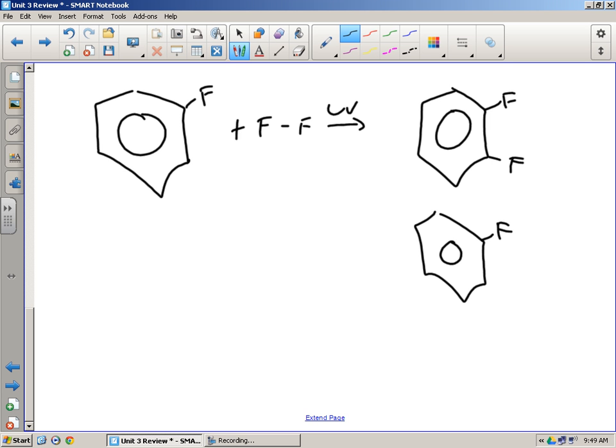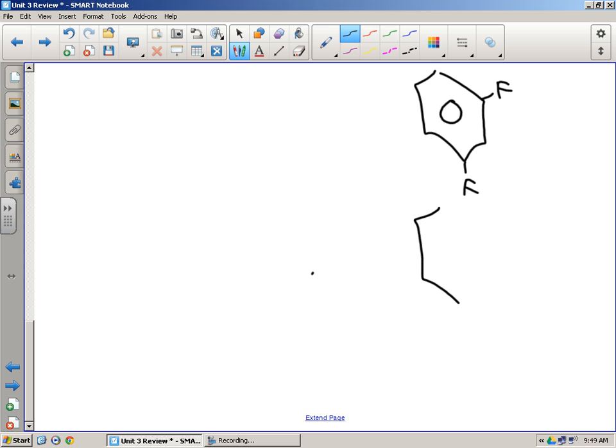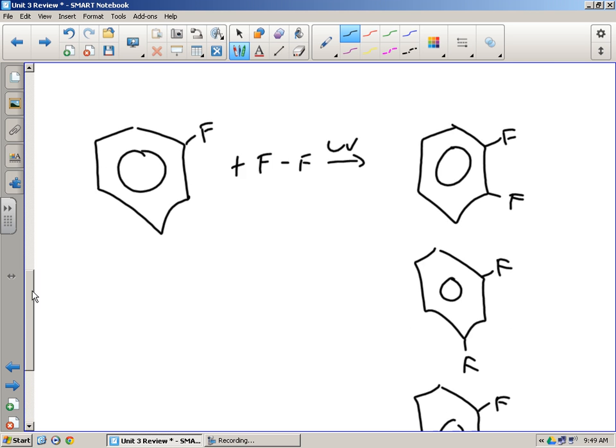That's my original fluorine there. I could take this H off and put it on there. I could also, there's my original fluorine there, take this one off and put it there. And then once you get to the next one, of course, they're all going to be the same after that.